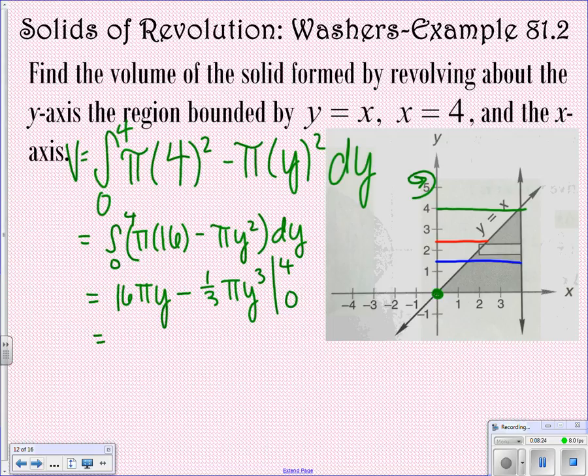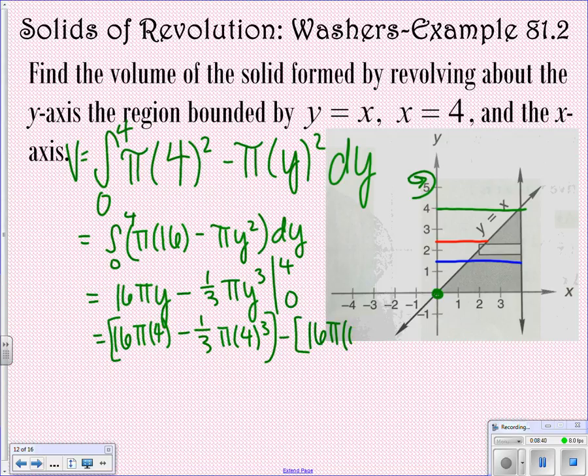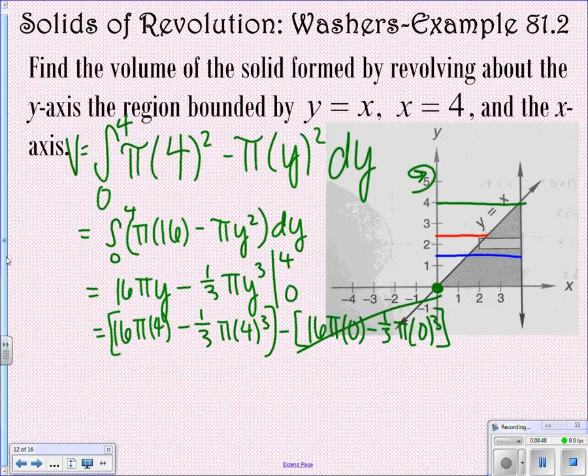So now you're going to plug in your 4 and your 0. And then if I plug in 0, I'll have 16 pi times 0 minus 1/3 pi times 0 cubed, which all of that actually goes away. It just equals 0.